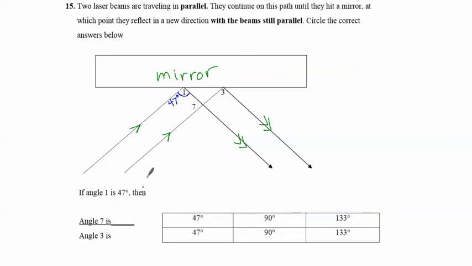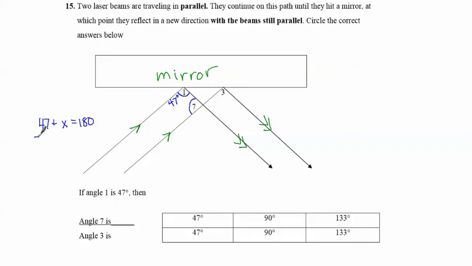Well, what is the relation between angle 1 and angle 7? I can see that on these two parallel lines, if this is the transversal, then 1 and 7 are consecutive interior. If they are consecutive interior, then the 47 plus whatever that measure of angle 7 is should equal 180.